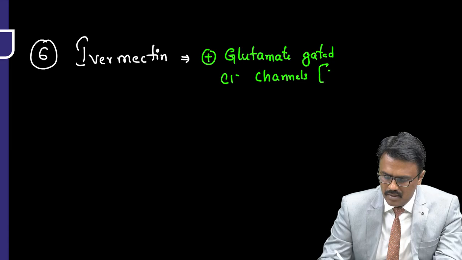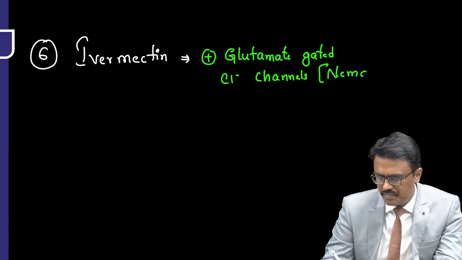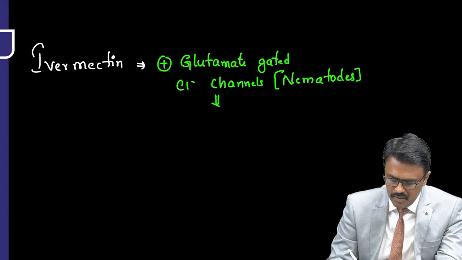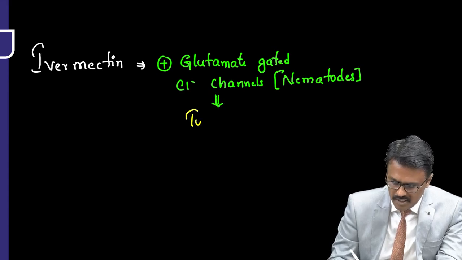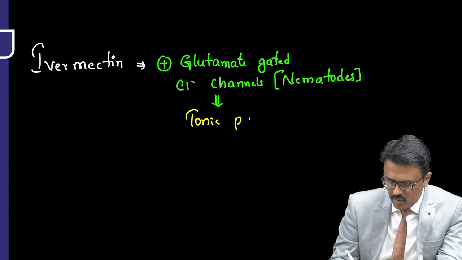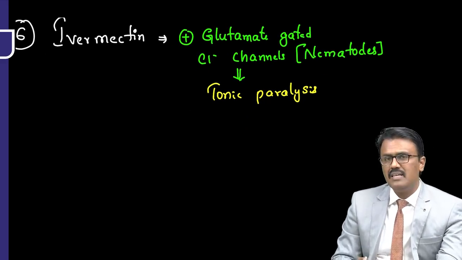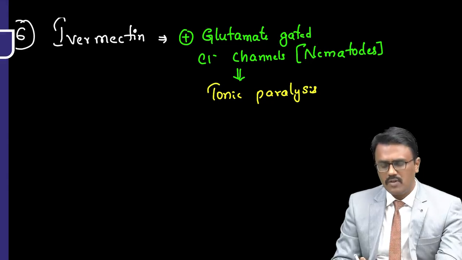Particularly, it is effective in the nematodes. Mainly, the effect is seen with nematodes, not with others, and that will lead to tonic paralysis. And I told you, this is the drug of choice for two important conditions, strongyloidosis as well as onchocerciasis.